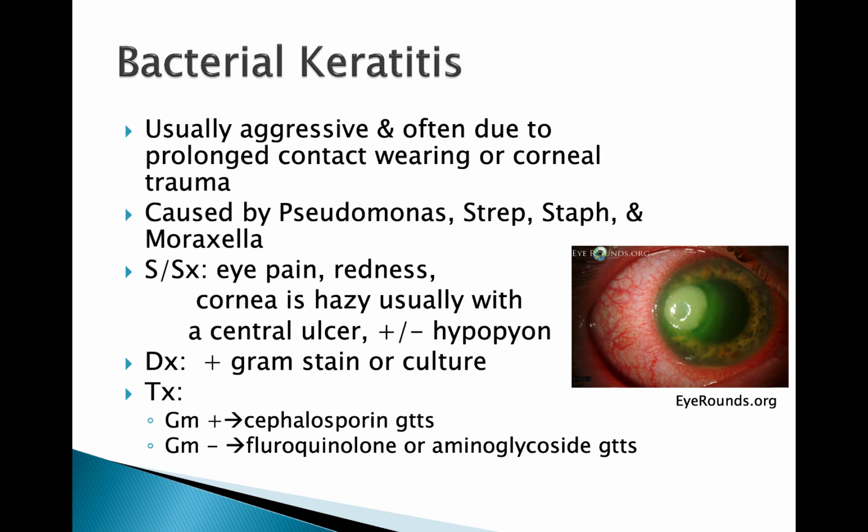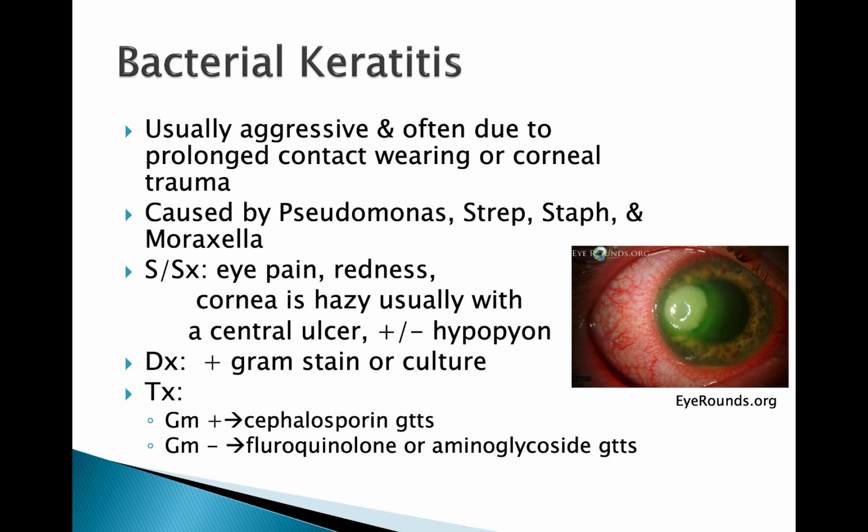They're going to have a cornea that's hazy, and a lot of times you can see a central ulcer, and they may or may not have a hypopyon. Diagnosis: you want to gram stain or culture these, and you treat a gram positive with cephalosporin eye drops, and a gram negative with fluoroquinolones or aminoglycosides.